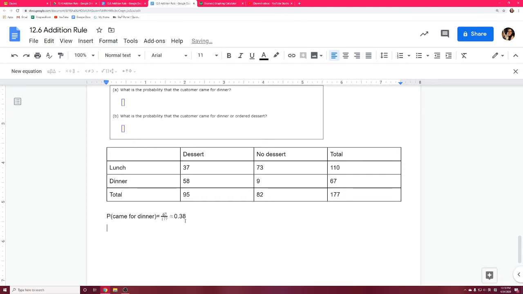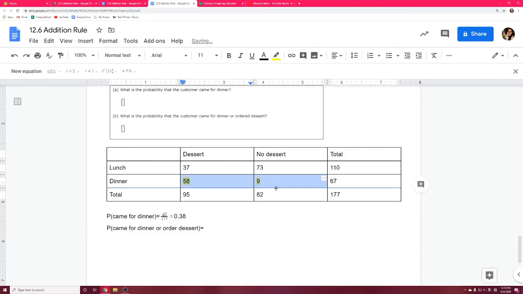And this is A. For B, they ask you what is the probability that a customer came for dinner or ordered a dessert? Over here, came for dinner. Let me highlight, everybody who came for dinner.